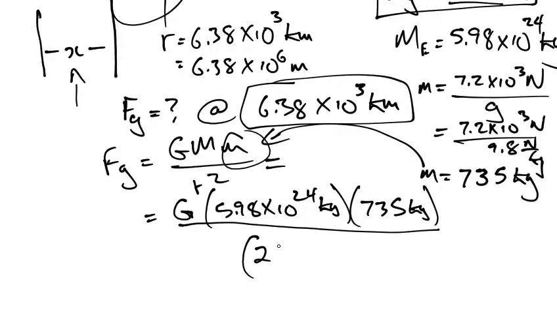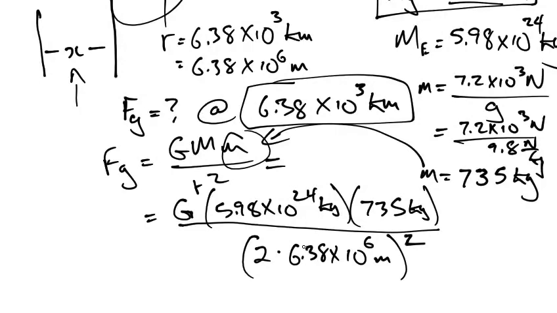So 2 times an Earth radius, which is 6.38 times 10 to the power of 6 meters, and all that squared.